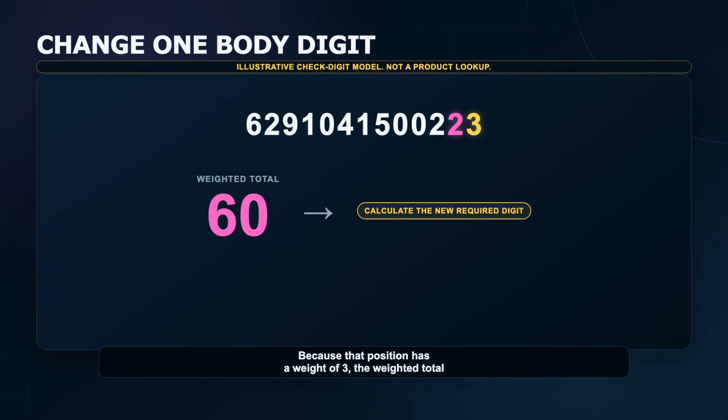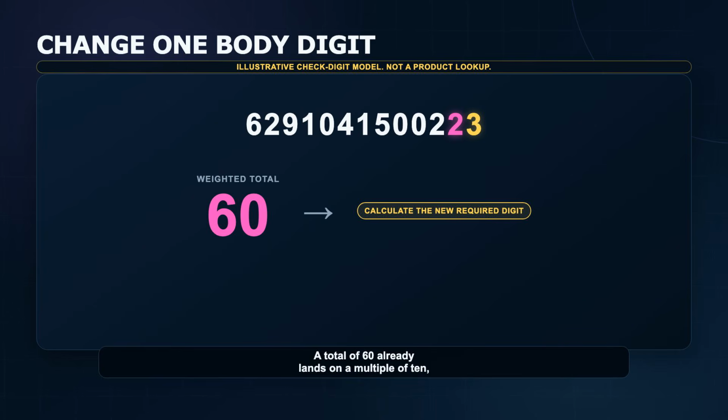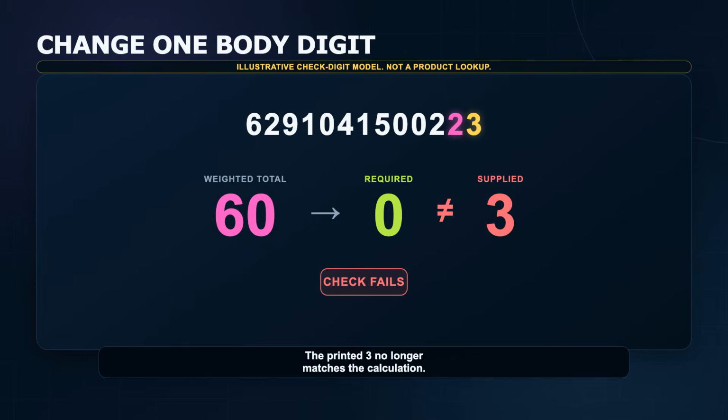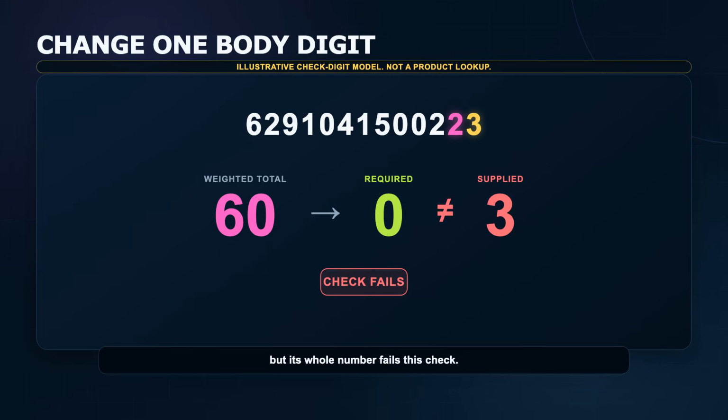Because that position has a weight of 3, the weighted total rises by 3, from 57 to 60. A total of 60 already lands on a multiple of 10, so the required check digit is now 0. The printed 3 no longer matches the calculation. The pattern can still be structurally encoded, but its whole number fails this check.